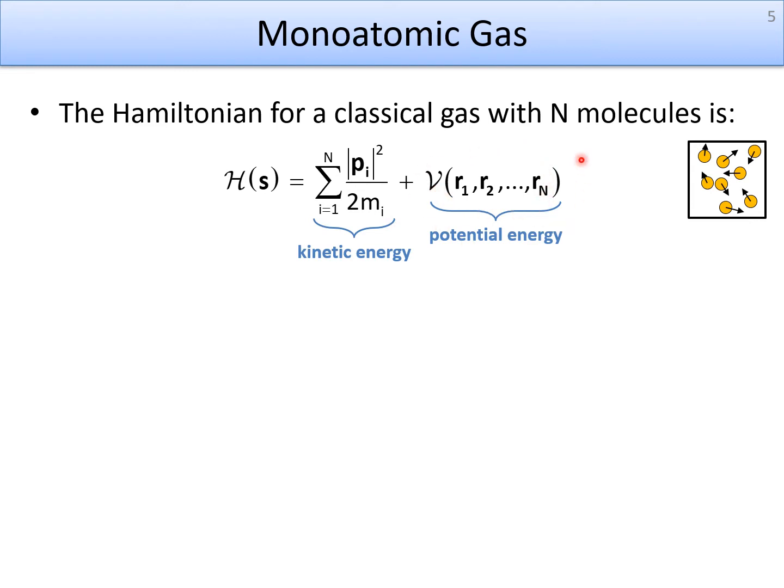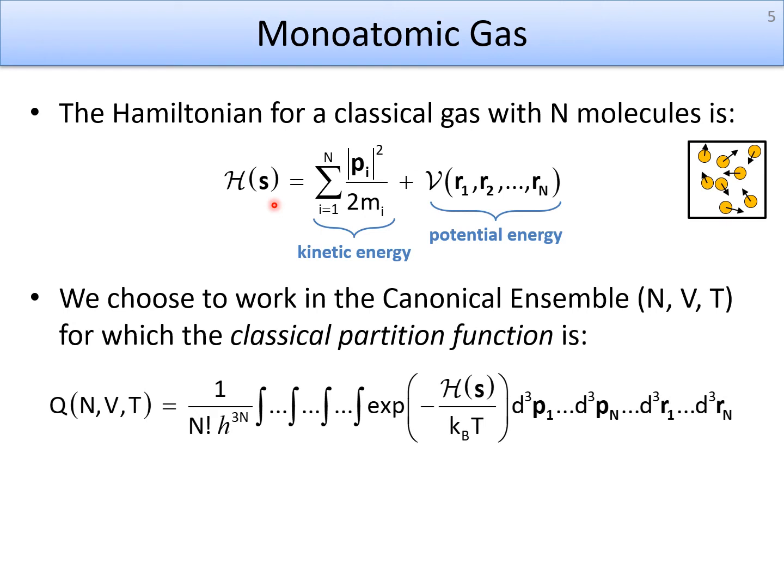The potential energy term is more complicated. It takes into account all the interparticle interactions. So in general, we need to know the positions of all the particles in order to calculate the potential energy contribution to the microscopic energy, the energy of the microstate of the system.